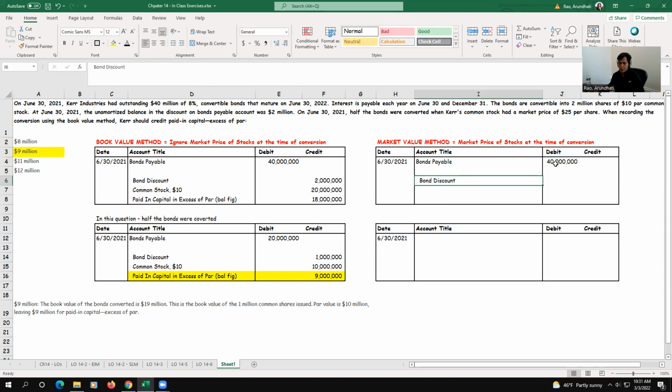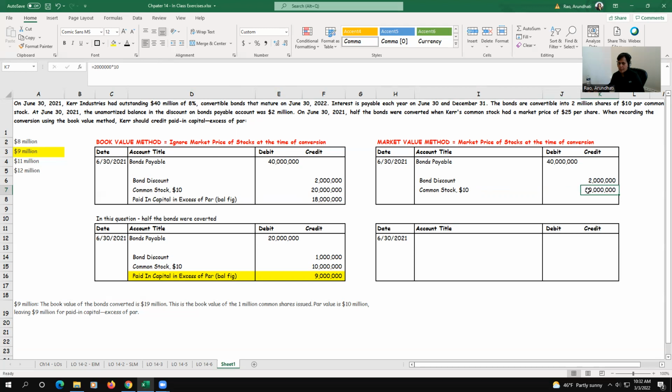The unamortized bond discount has to be closed down because the liability is closing down, so that stays the same as with the book value method. I am giving common stock, 2 million shares, par value 10. That stayed the same. So far, everything stays the same.